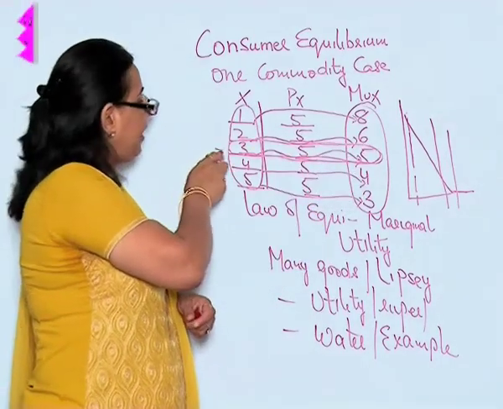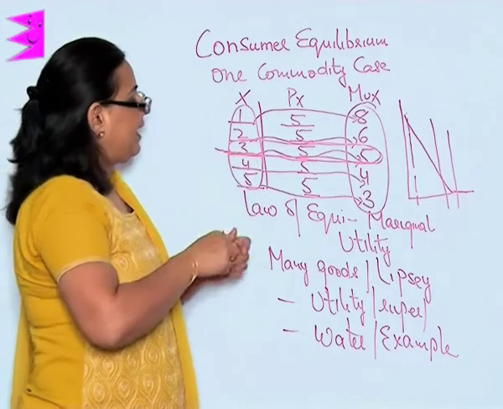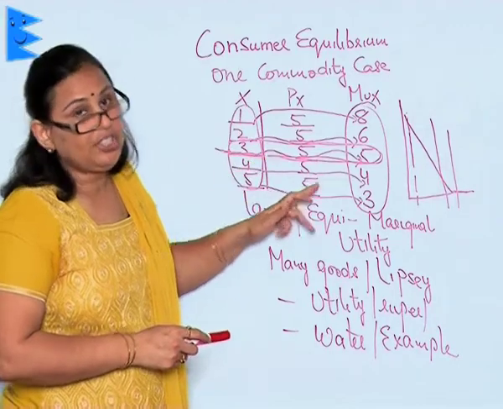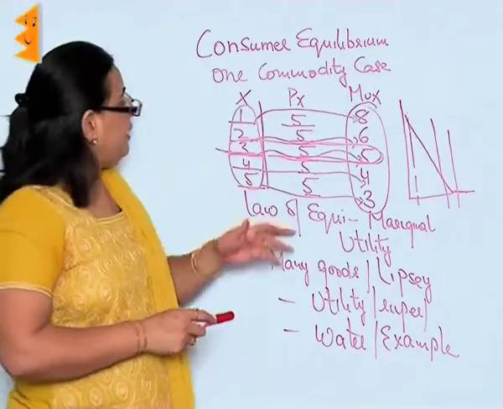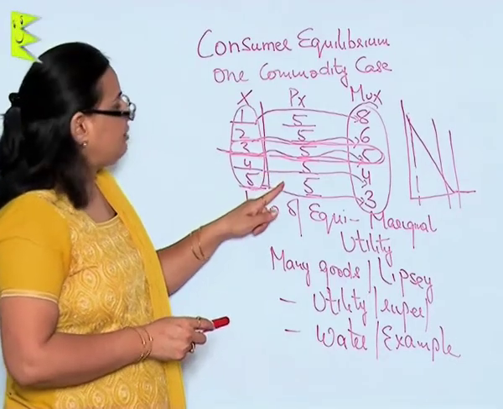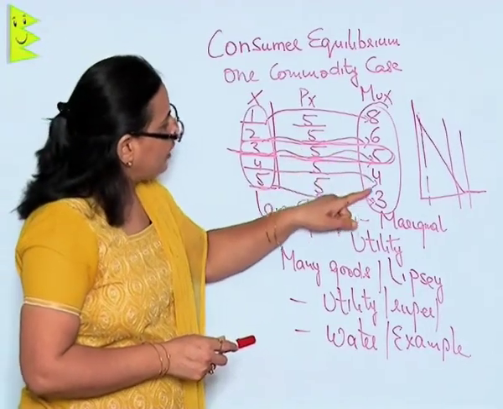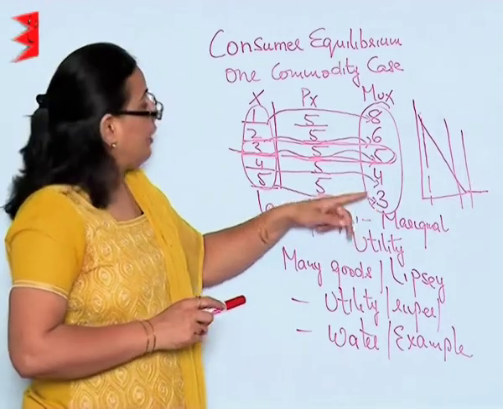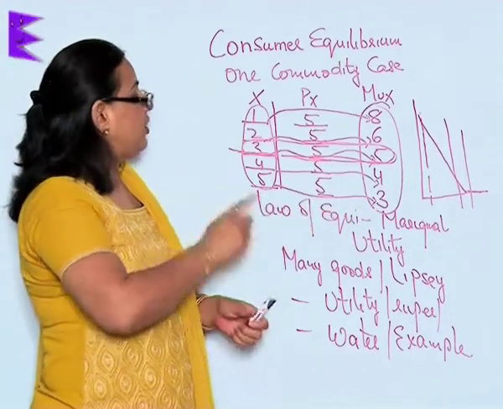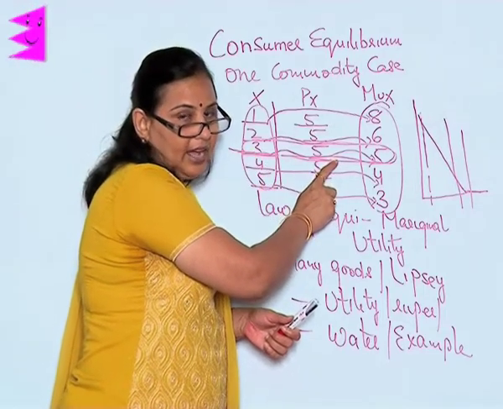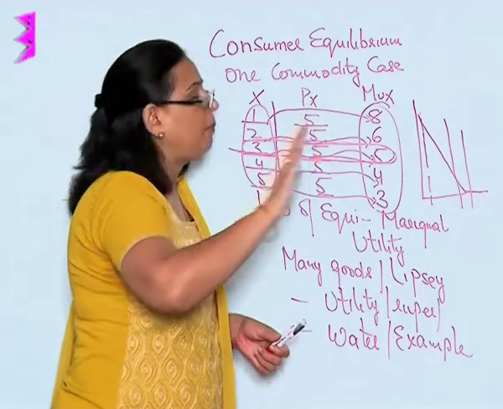So, this is the point which I must take, and after this point any rational consumer is not going to buy more, because if he buys further then the marginal utility will decrease to a hilt. So, here a rational consumer will reach a stage and then he will stop there.